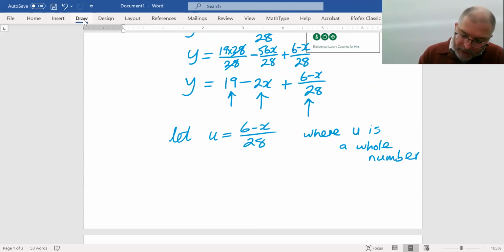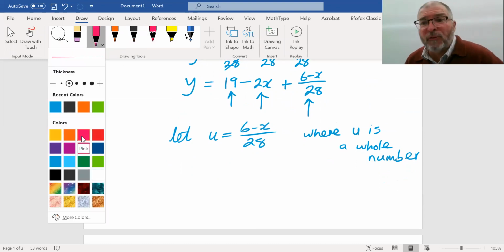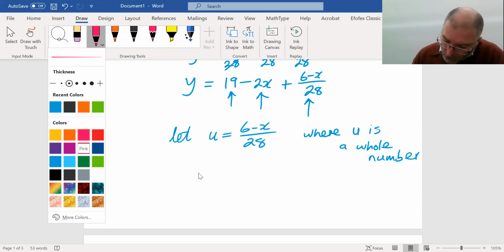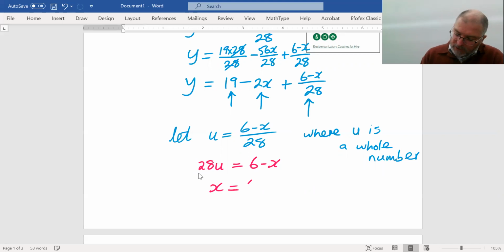Just grab a pen and I'll grab a different color now because it's a different phase of the question. Now I've introduced this u. So I'm going to rearrange this. This says 28u equals 6 minus x. So x equals 6 minus 28u.